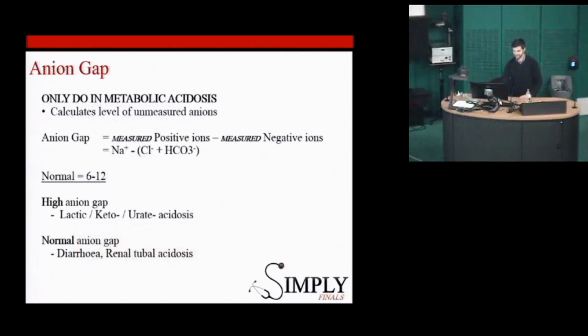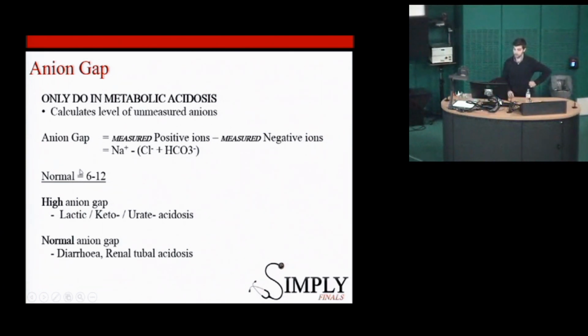Very good. So you only do it if they've got metabolic acidosis. You shouldn't do an anion gap in anything else. It measures the anions that we're not measuring. So you take away the chloride and the bicarb from the positive ion, the sodium, and you get a number.